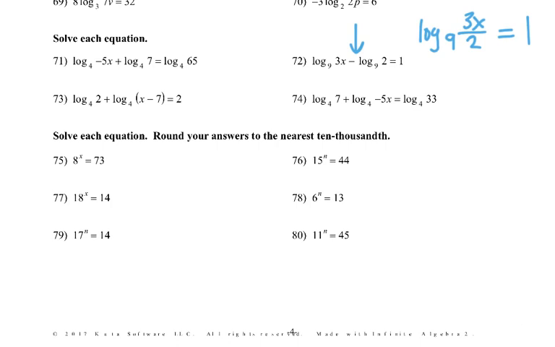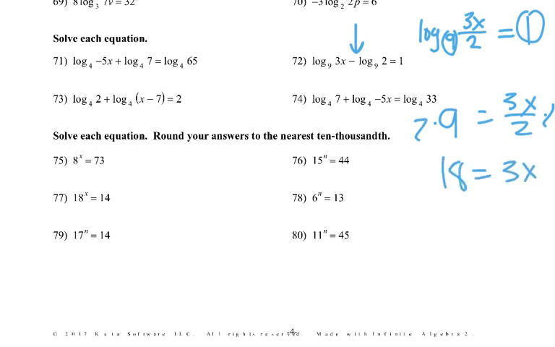Okay, then there's kind of two options we could go here. I could try to make it a power, so an exponent, so 9 to the first would be equal to 3x over 2. 9 to the first is just 9, times by 2, we get 18. 18 would equal 3x, divide by 3, we get 6 equals x. Okay, that's one way we could do it.